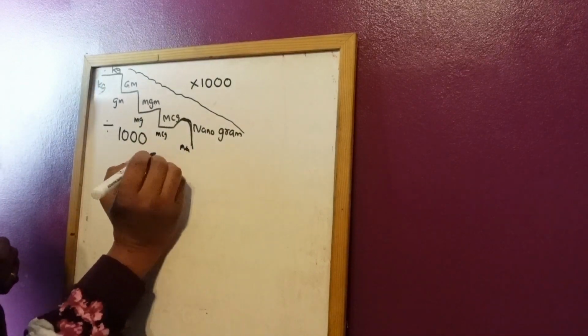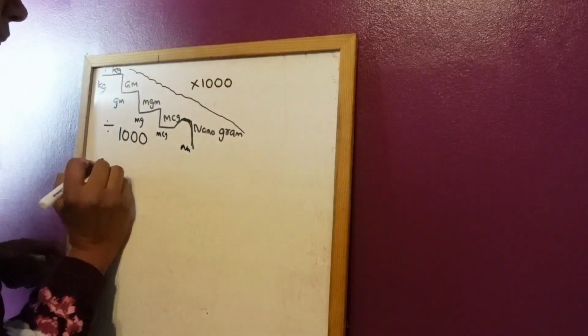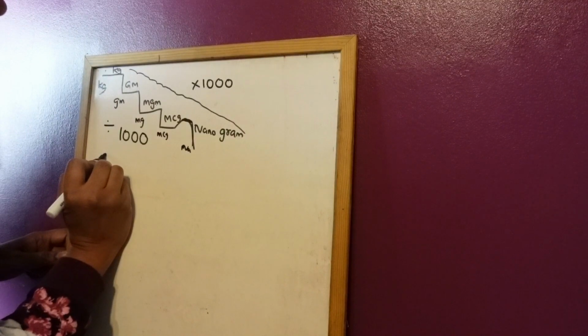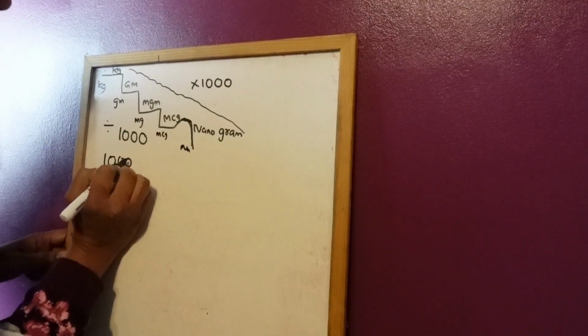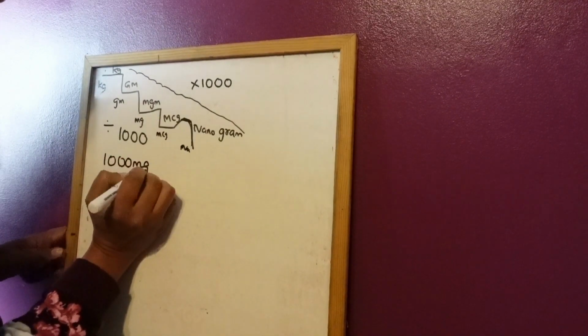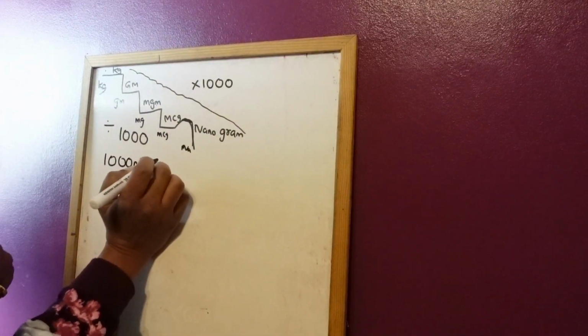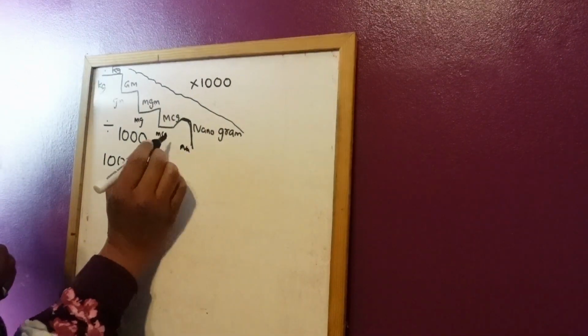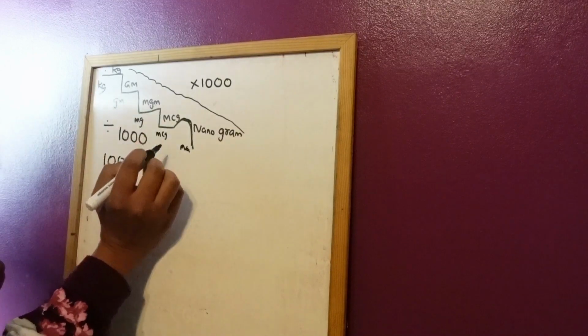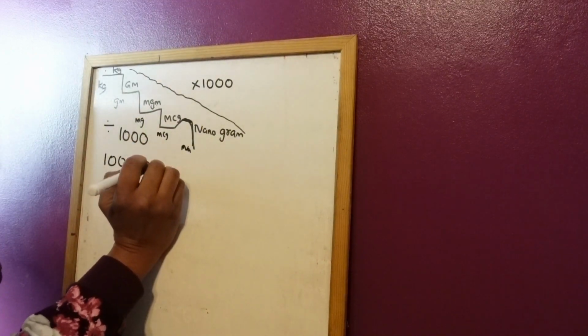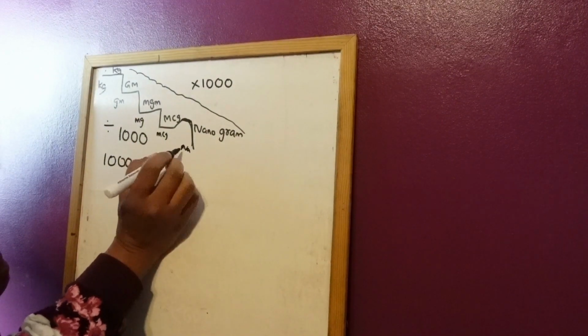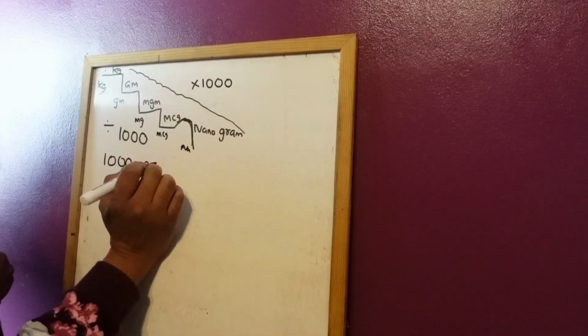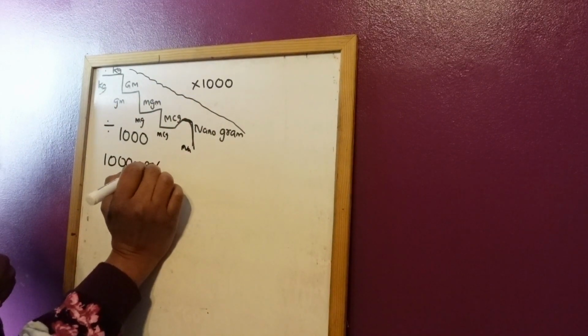Just say you have 1,000 milligram and you want to convert into microgram. So what do you do? Just multiply.